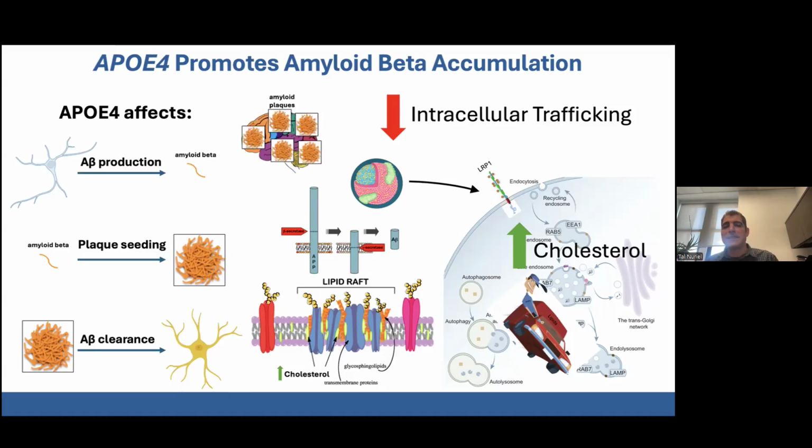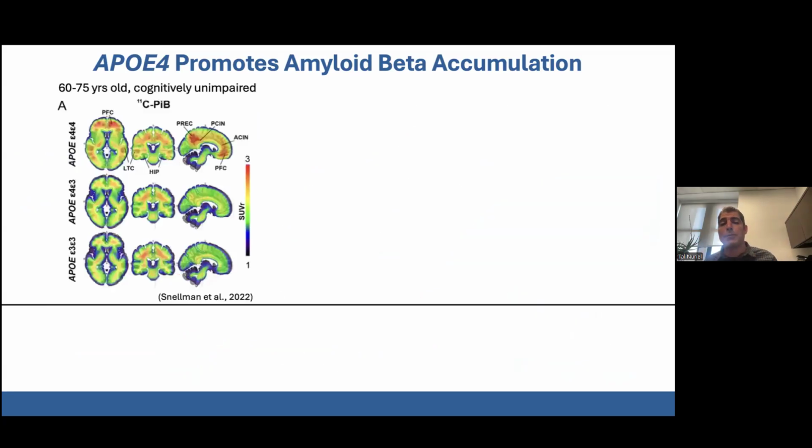So all that adds up to the fact that individuals on average who are APOE4 have more amyloid beta in their brains, which is depicted here in an amyloid PET scan. That's especially true for APOE4 carriers.